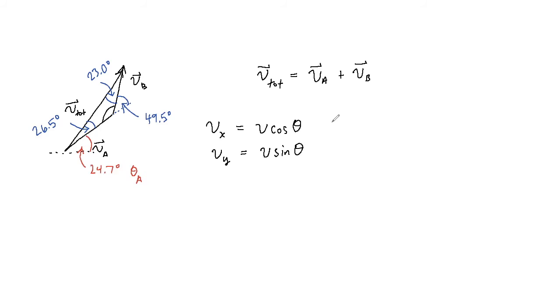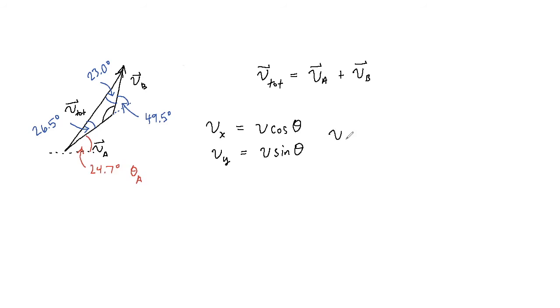So what this implies is that the x component of vector A, here, I'm just going to redraw this real quick.